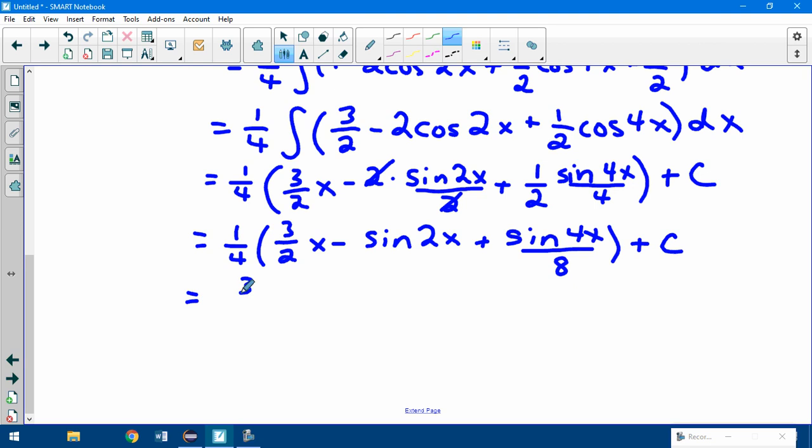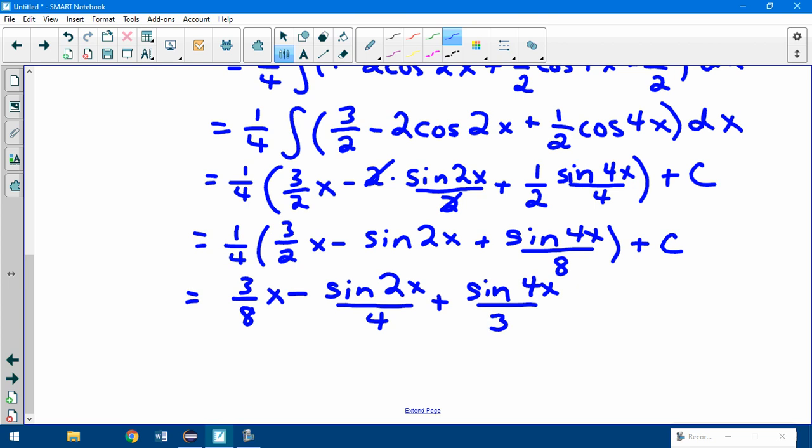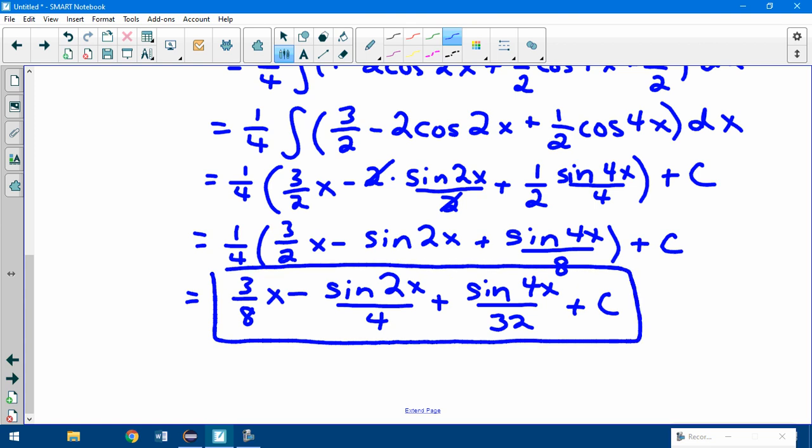So it's going to be 3/8 x minus sine of 2x over 4 plus sine of 4x over 32 plus c. How fun was that? You'll love doing that on the homework. So there's a lot going on. It's not tricky. Just work slowly and show all of your work.